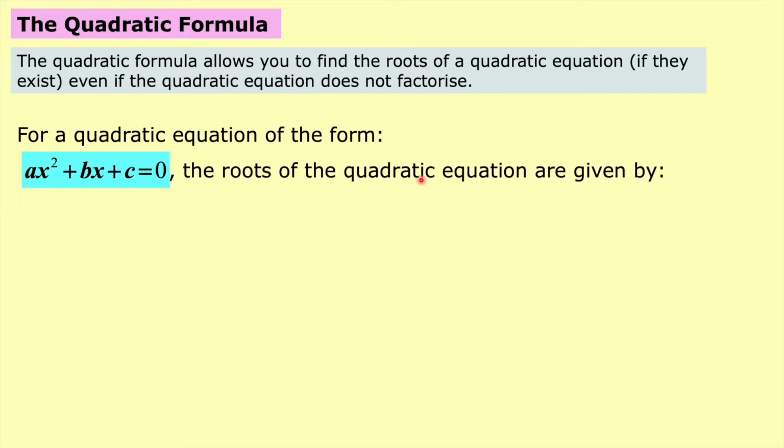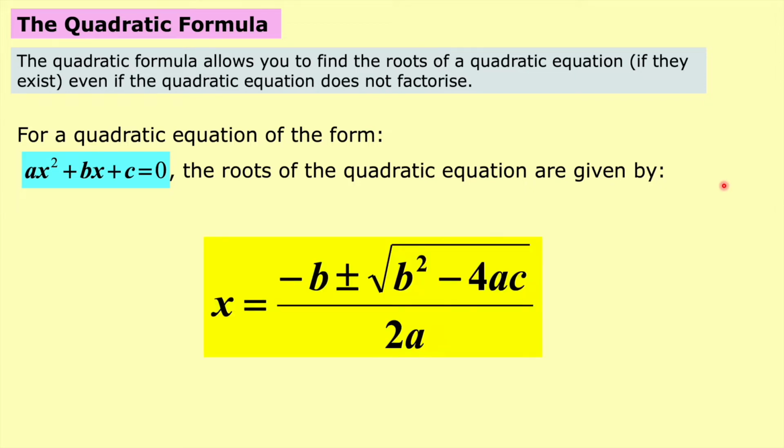the roots of the quadratic equation are given by, and I'm warning you, it's a crazy looking formula like this, but once we break it down, you'll see that it is really straightforward, and we're just going to use our previous skills of substitution to solve this. A few important facts about this: this symbol here, plus and minus, we're going to see what that means when we go through an example.